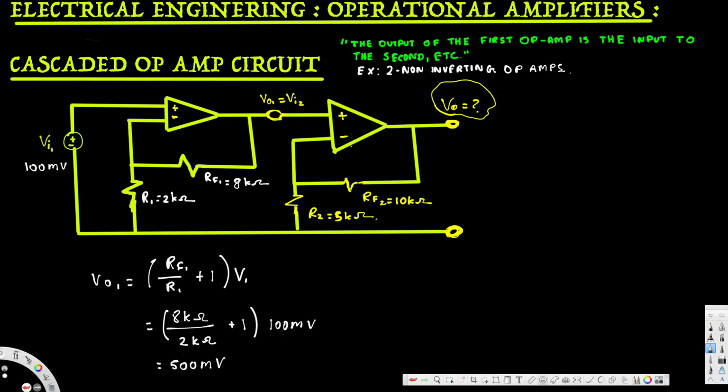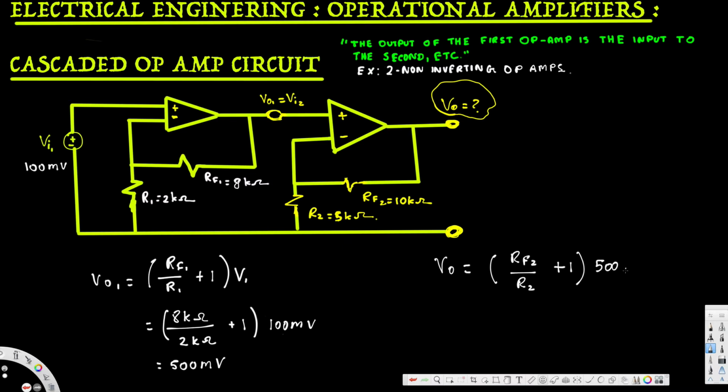And for the second op amplifier, the same equation, because this is also connected to the non-inverting terminal. So VO is also going to be equivalent to RF2. Here we have RF2 divided by R2 plus 1 times the input voltage, that is 500 millivolt.